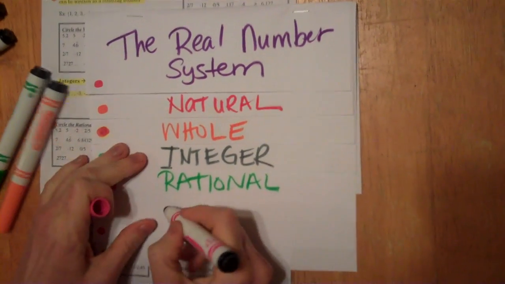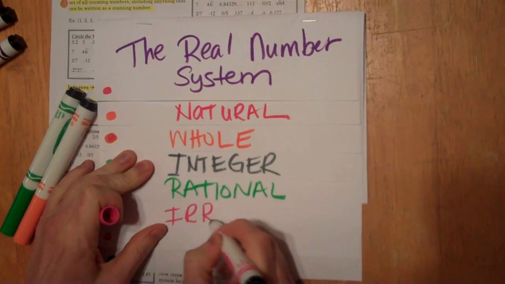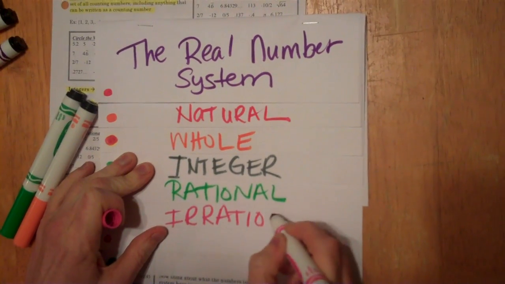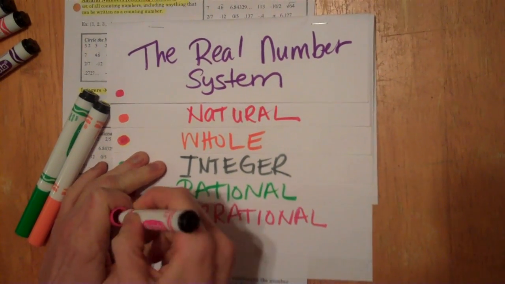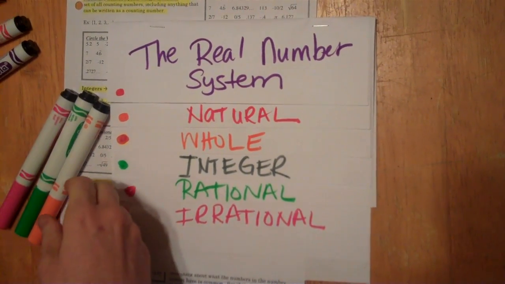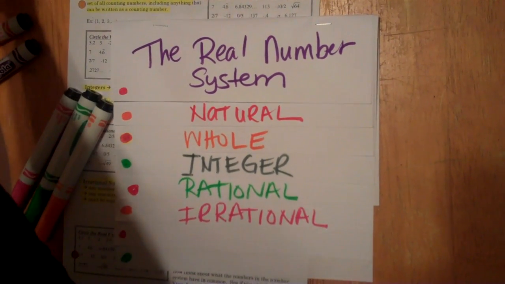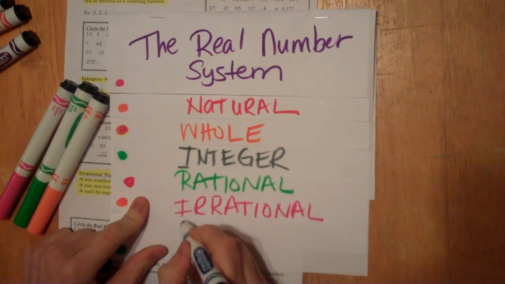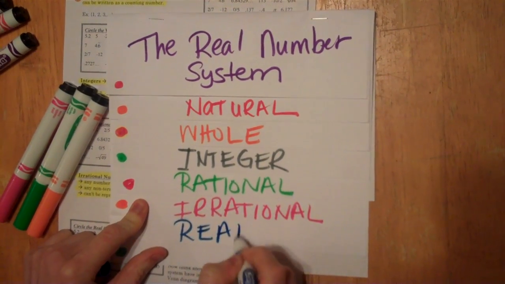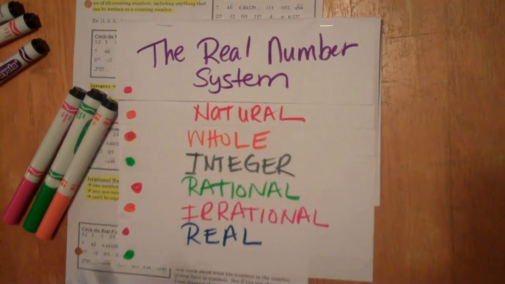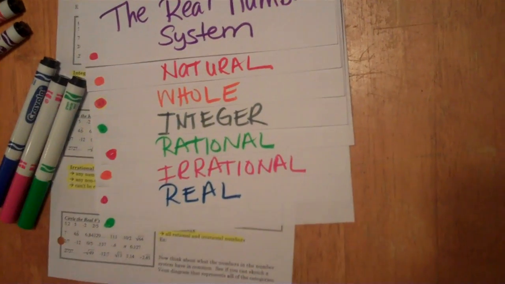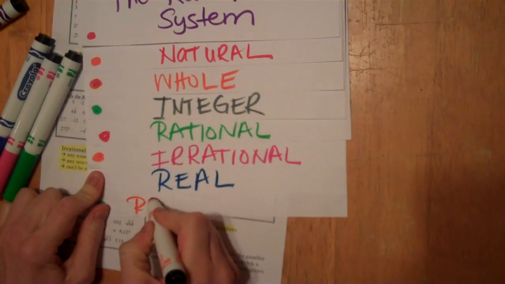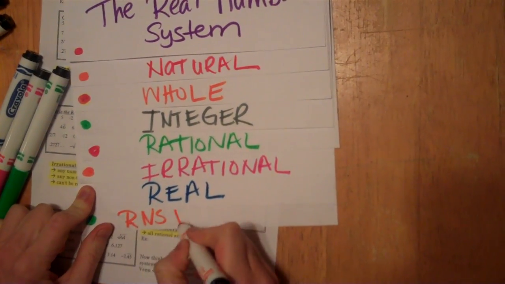Then irrational. Then real. And then the last flap, which when you open it will have the biggest spot, that's going to be your real number system Venn diagram.